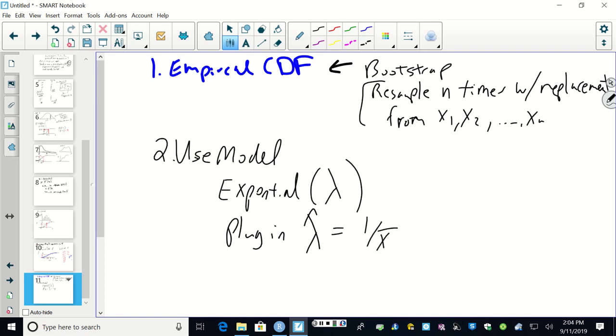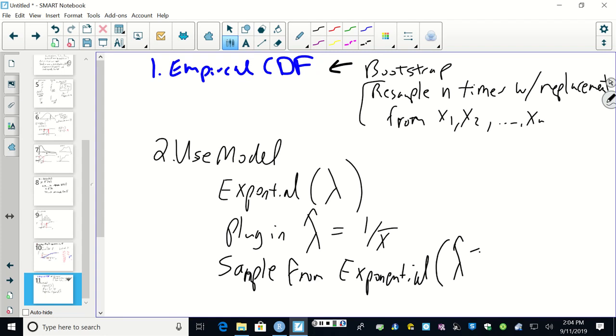Then our bootstrap samples could be drawn from an exponential random variable with parameter lambda hat plugged in from our sample value. This exponential is a probability model. This is the cumulative, this is the density function. It's positive and decaying, so the probability that you're near 0 is pretty high, but the tail can go out for a long time. So it's used for waiting times or streams like that.